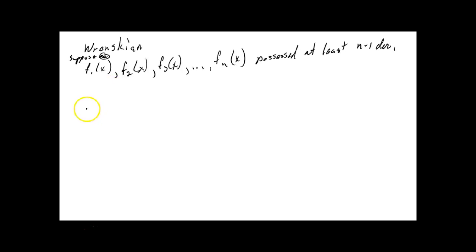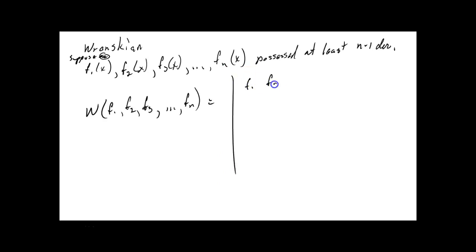Now here's what the Wronskian is. It's given the symbol W. It's a function, you might say, of these other functions, f1, f2, f3, up to and including f sub n. And here's what it is. It's the determinant of f1, f2, f3, up to f sub n, then f1 prime, f2 prime, f3 prime, up to f sub n prime.